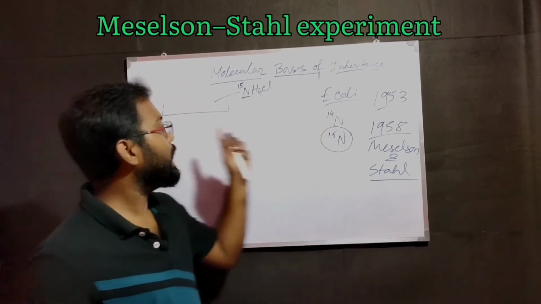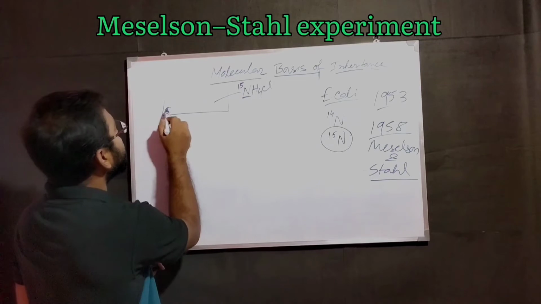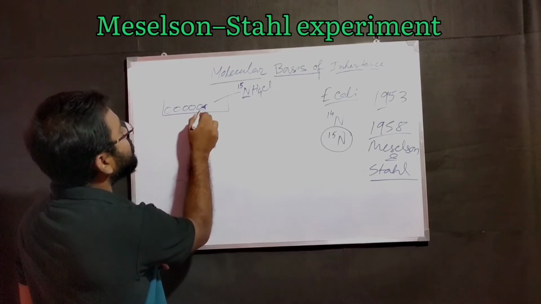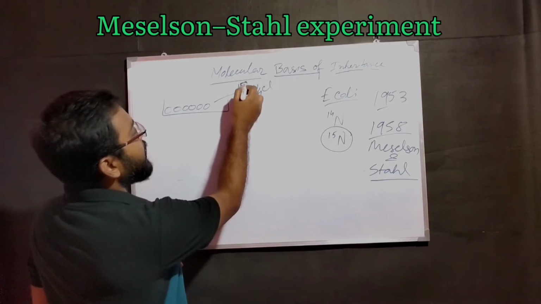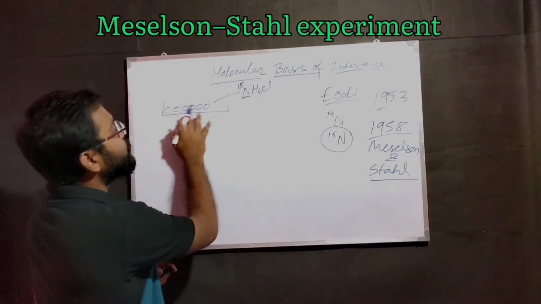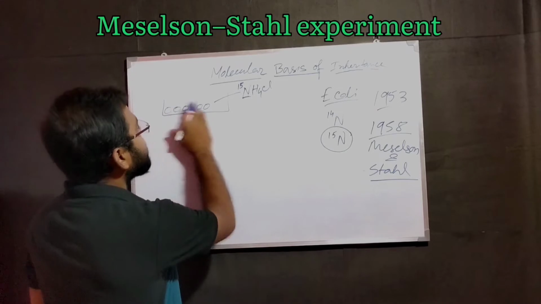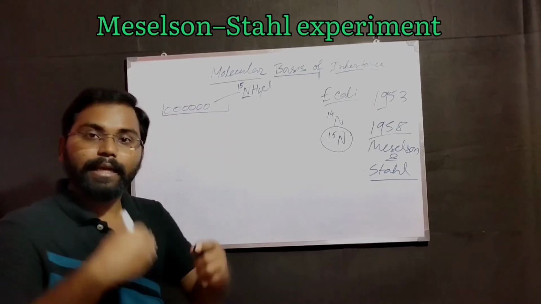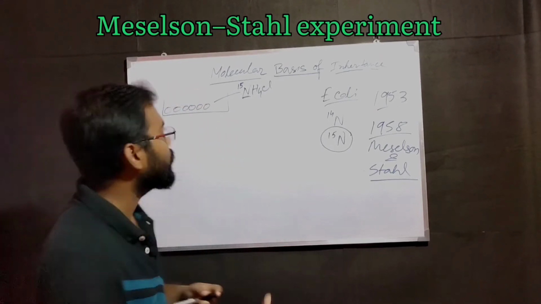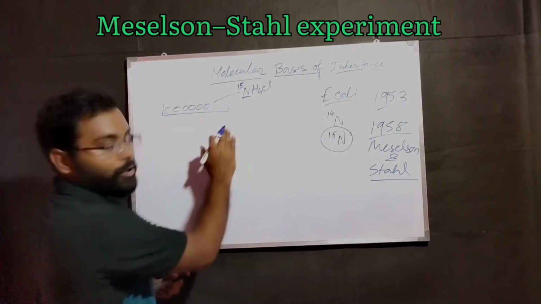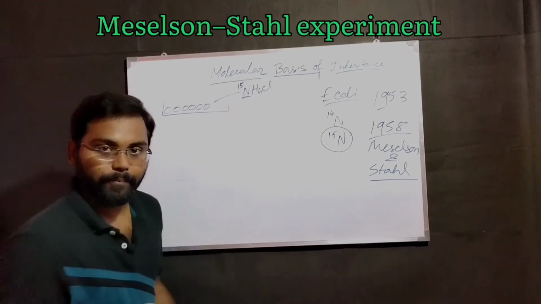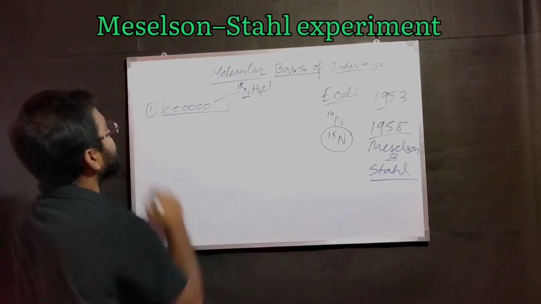So when the E. coli reproduce in this medium, they use this N15 as the source of nitrogen, and as they reproduce, they replicate their DNA. So in this process, they use N15. This is the first step.